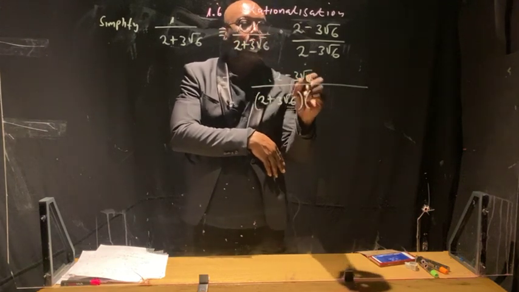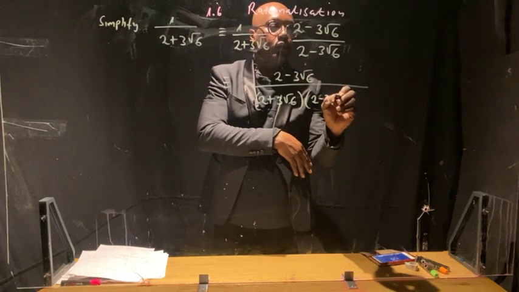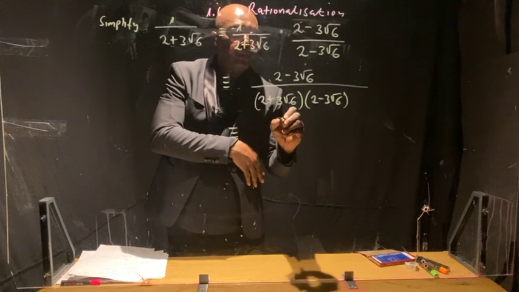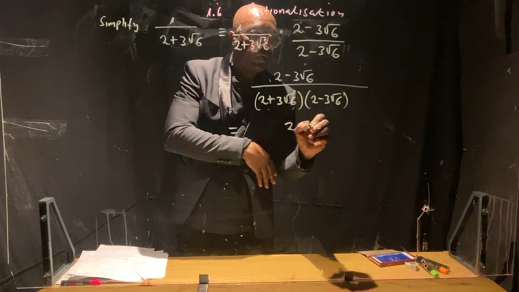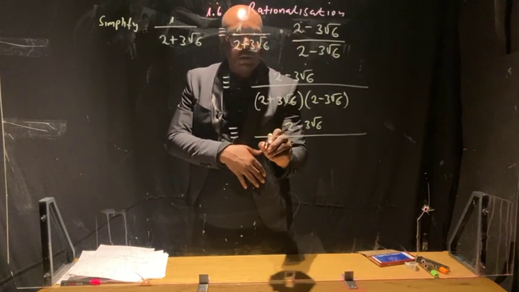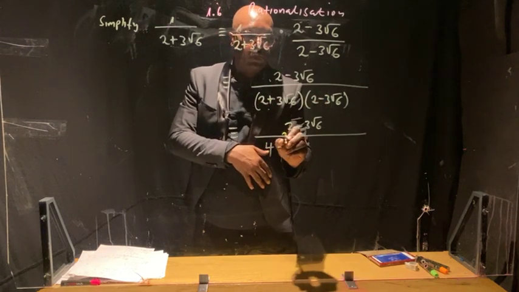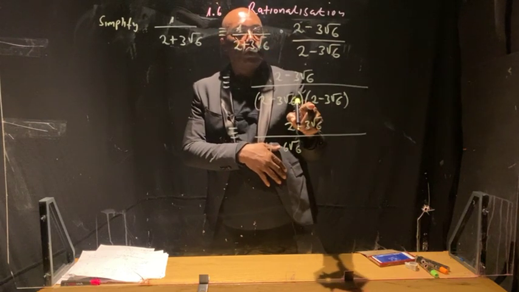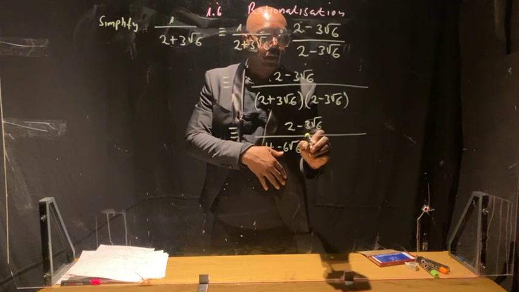multiplied by 2 minus 3 root 6, which is equal to the numerator 2 minus 3 root 6 all over 2 times 2 is 4. 2 times minus 3 root 6 is equal to minus 6 root 6. 2 times 3 root 6 is equal to plus 6 root 6.